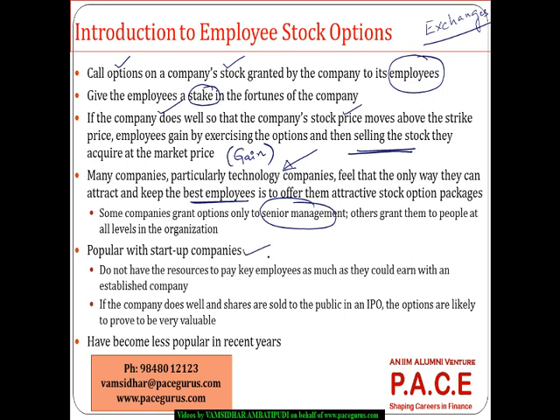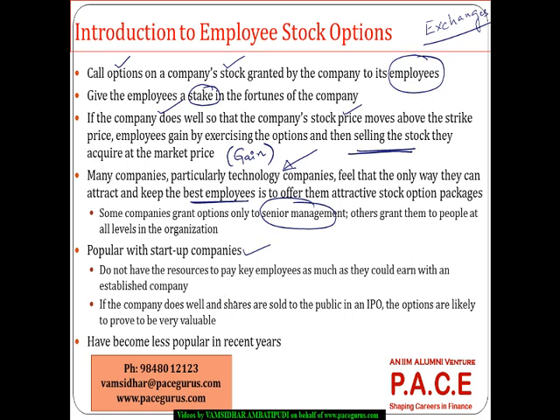Generally, this model goes very well with startup companies because they may not have the required resources to pay all their employees what they would really get in the market, right? If I am a very experienced person, if I join an established firm, my salary is some X, the startup may not be in a position to match that X. So the only way I get attracted to a startup is they load me with bunches of stock options.